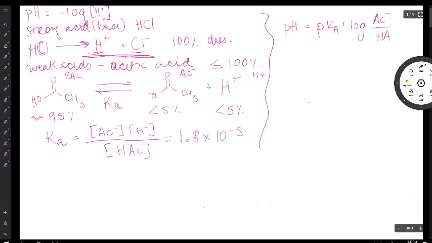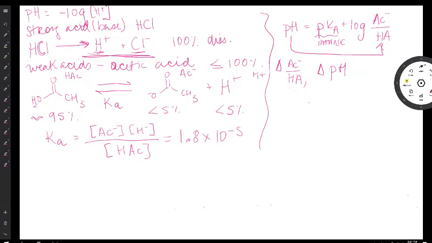So the pKa, as we learned, is intrinsic to the buffering system that we choose, but the pH is tied to the ratio of the conjugate base to the acid. So if we change the ratio of these components, then we're going to change the pH. So we can manipulate the relative quantities of the acid and the conjugate base to get the changes we want in the pH.